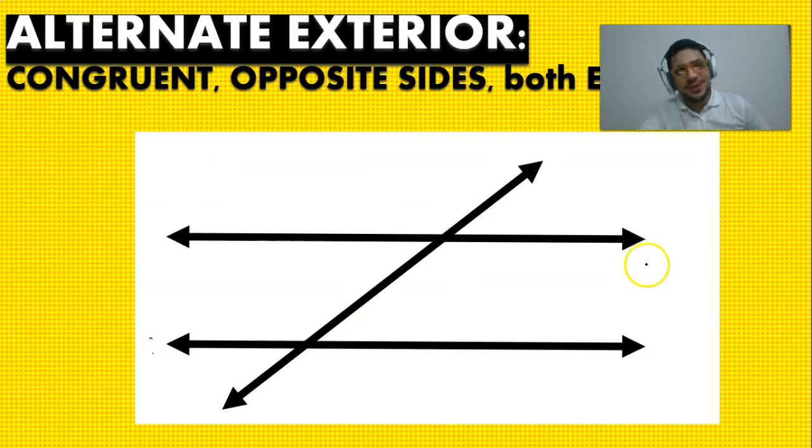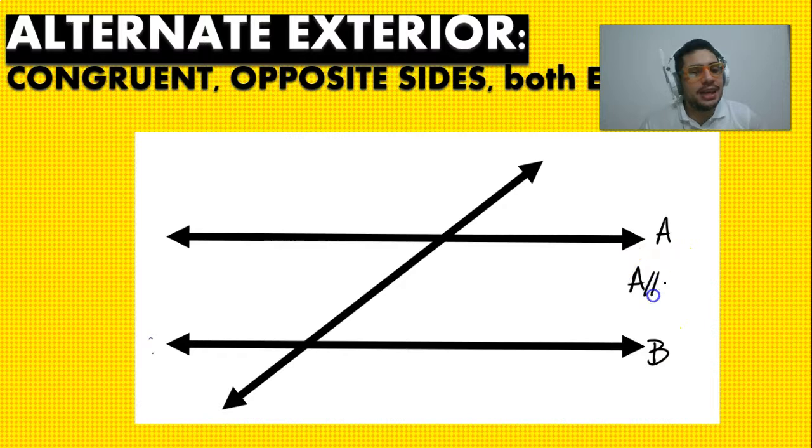Before we continue with the video, it's very important for us to understand how these pairs of angles are formed. As you guys know, we must have two parallel lines. If line A is parallel to line B, that means that it doesn't matter if I stretch them a lot, line A and line B are never ever going to touch, right? Because they are parallel.